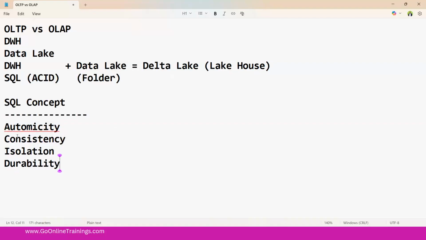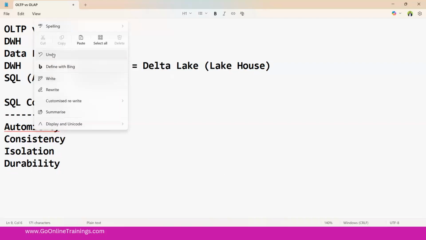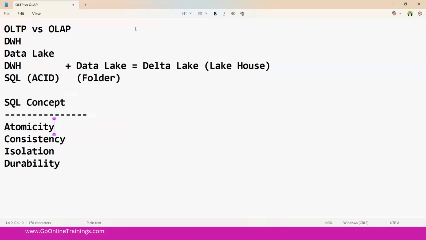So these are the concepts. Atomicity, is it the right spelling? Yes, atomicity, consistency, isolation, durability.